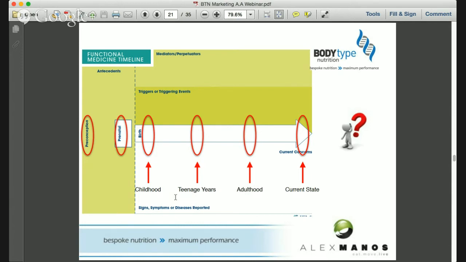Now, this is where obviously information can be quite sparse. A lot of our clients may not have much information, but we can still ask the questions. Sometimes they'll be able to go away and ask.